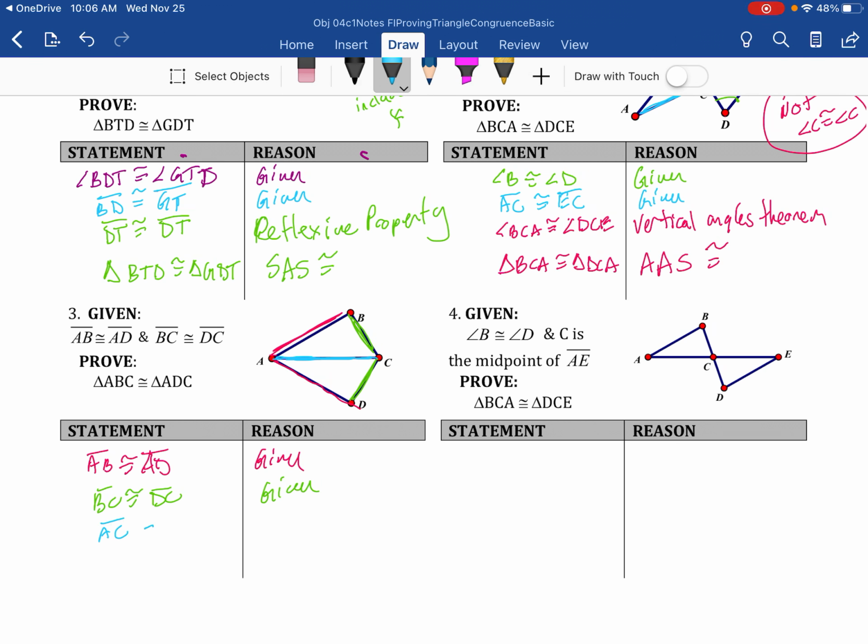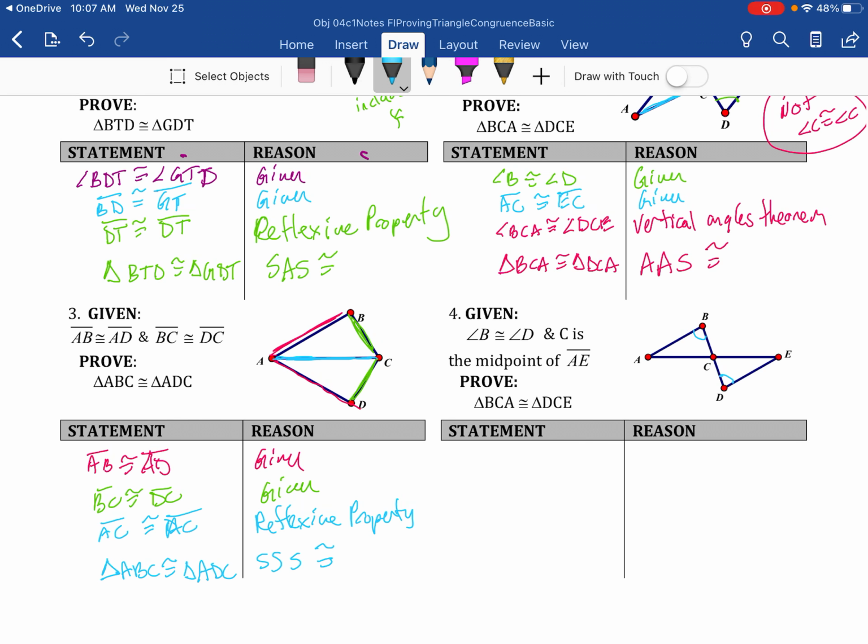So how do you know that AC is congruent to AC? Well, there's a property that says something's congruent to itself, and that's the reflexive property. Now I have three things. Once I have my three things, I look and see, is that a way to prove congruence? I have three sides and three sides, so I know triangle ABC is congruent to triangle ADC by side, side, side congruence.